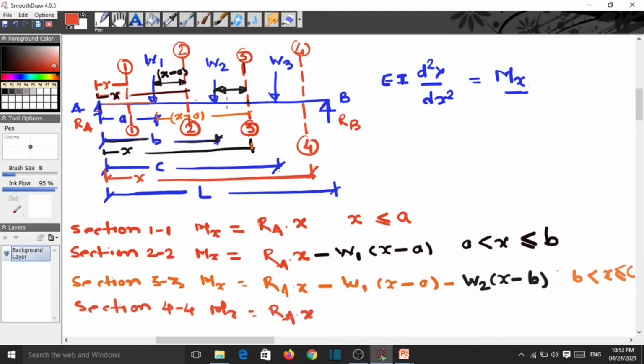The total is X, and here is A. We want W1 to this distance, that is X minus A, so W1 into X minus A. In the same way W2 into X minus B. Then W3: minus W3 into, we want this distance here.